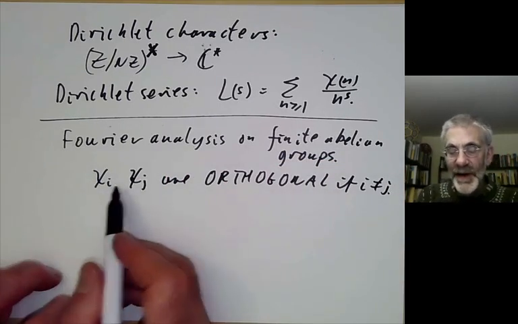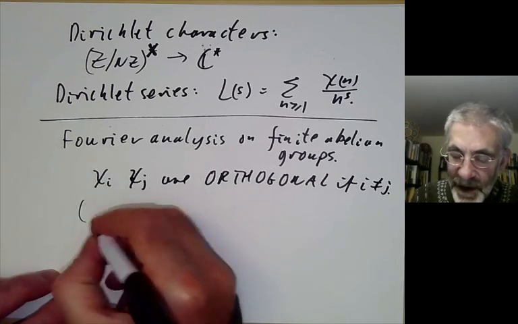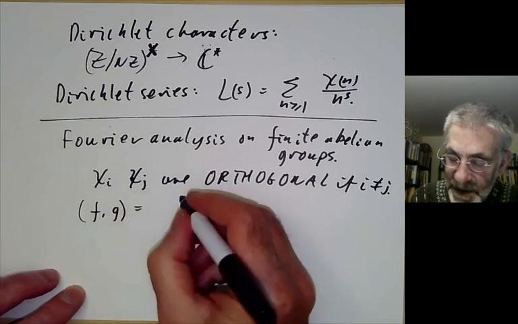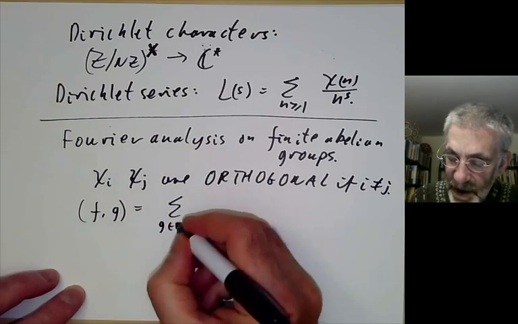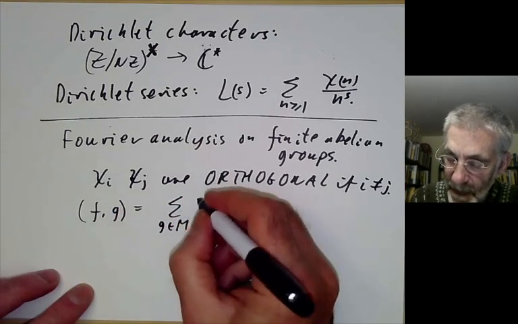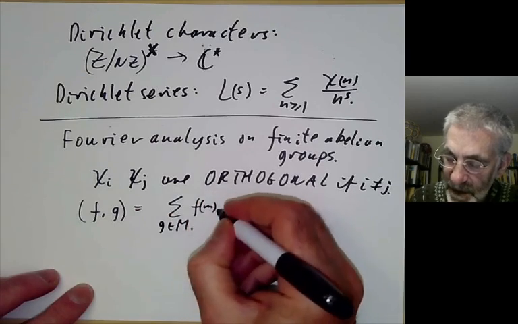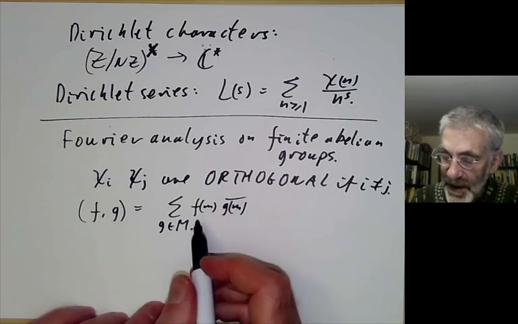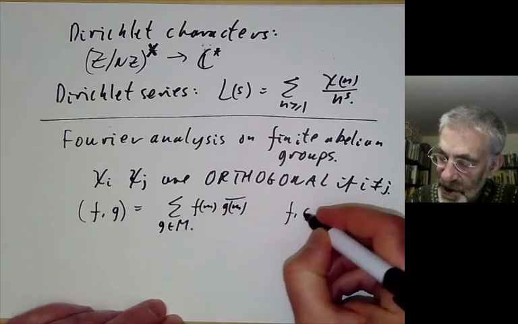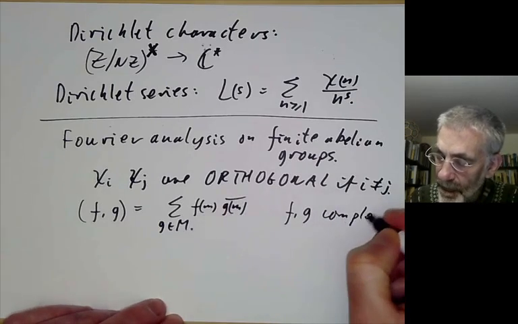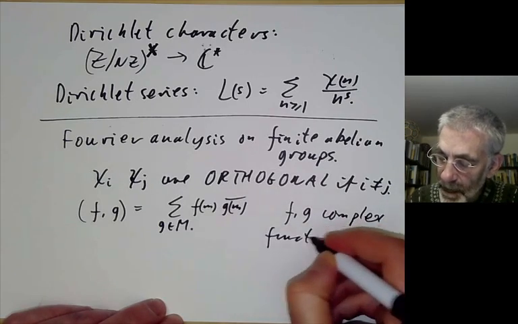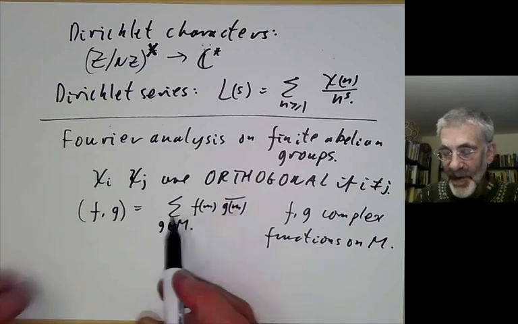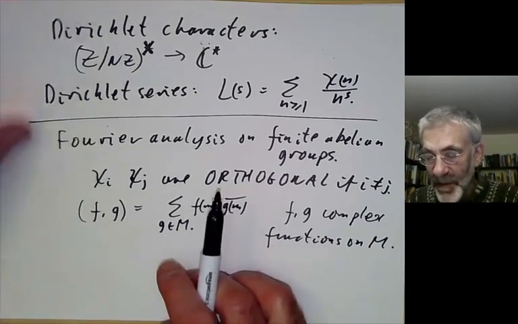Well, what does that mean? Well, we can define an inner product on functions by defining the inner product of f and g to be the sum over m in the group M of f of m times g of m, and I probably want a complex conjugate somewhere on that. So here f and g are complex functions on the finite abelian group M, and we're just defining an inner product in the obvious way.